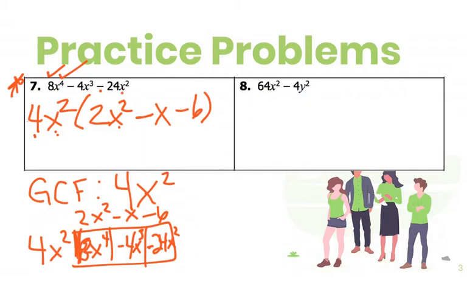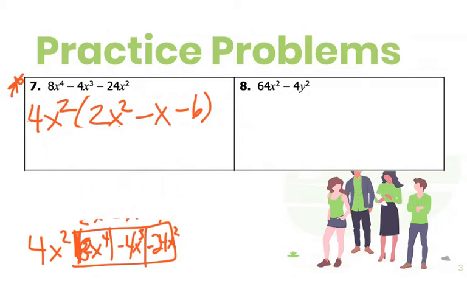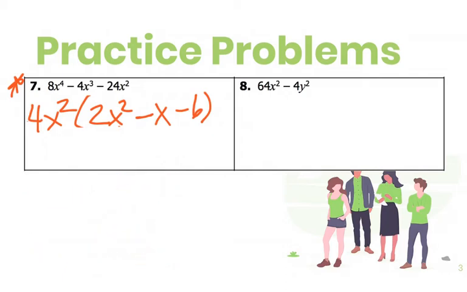Factoring completely asks me to look at all of my factors and ask, can I factor that again? All right, so I'm going to erase what I don't need. I'm going to erase all these dots I have, and down here. Okay. So now one of my factors is 4x squared.